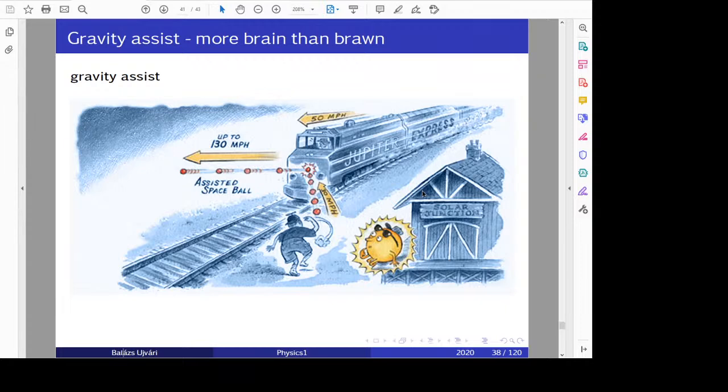If you want to speed up something, of course, you need a large acceleration. In some cases, you can have a trick.